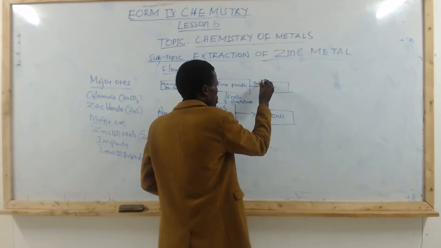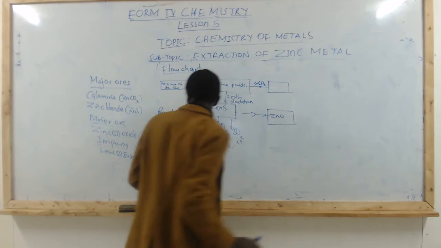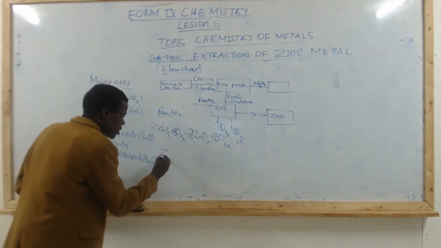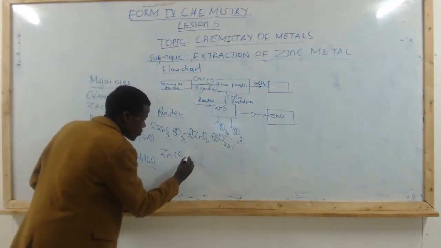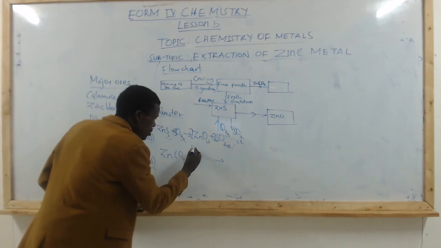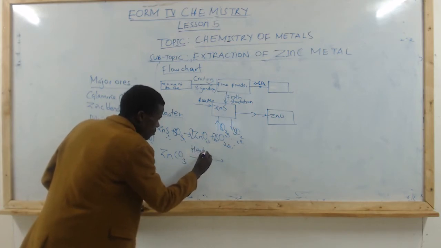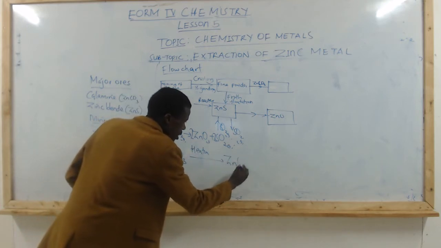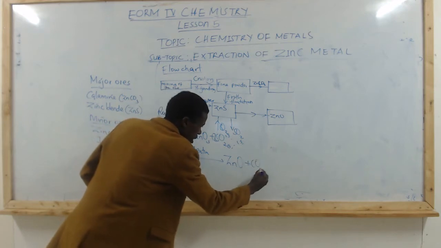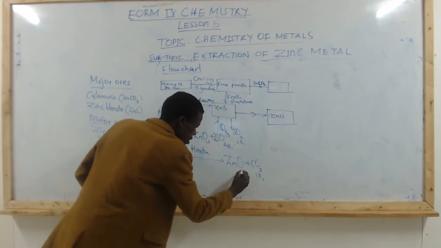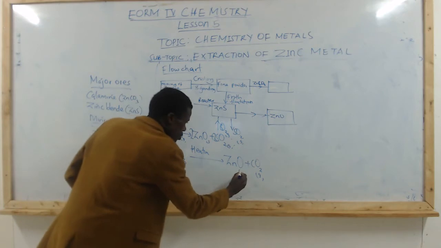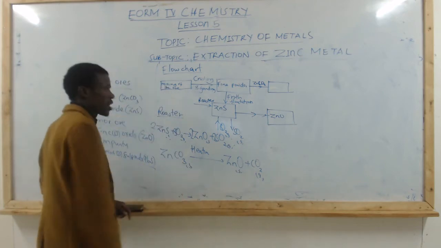Zinc carbonate is decomposed first through thermal dissociation to form zinc oxide and carbon 4 oxide. Carbon 4 oxide also is an acidic gas and therefore should not be released into the atmosphere.